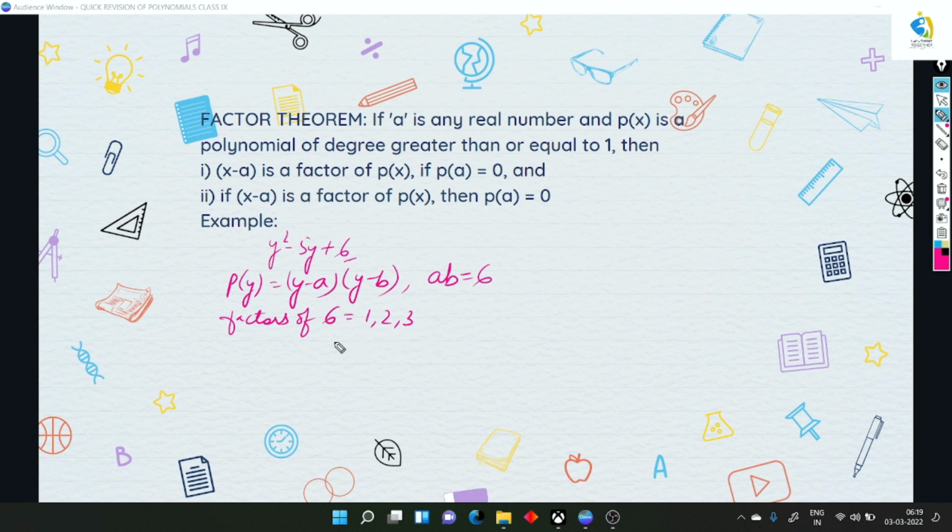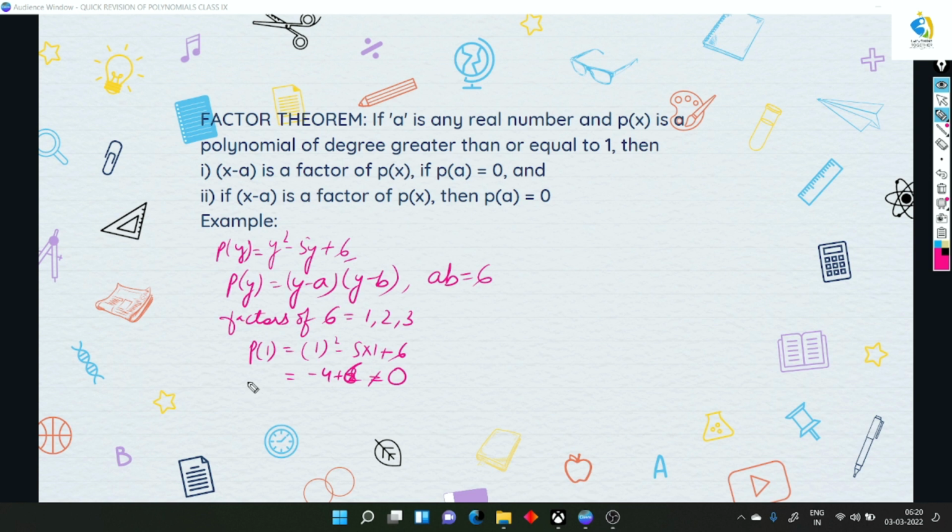So we'll do here, we'll just put all the values one by one. P of 1. This is your P of y. और इसमें हम p of 1 सबसे पहले पुट करते हैं. So this will be your 1 square minus 5 into 1 plus 6. Okay, so this is 1 minus 5 is minus 4 plus 6, which is not equal to 0.